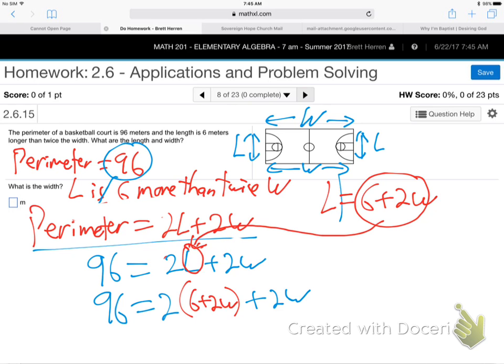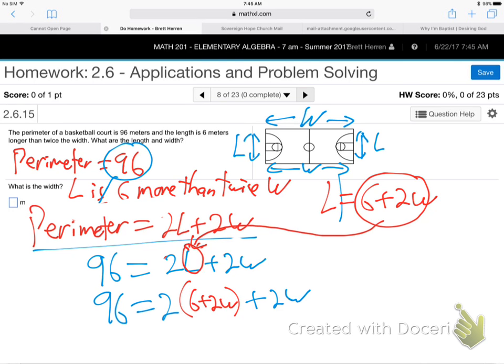How we doing? I'm trying to read your faces. Do you want me to say more about that? Is that making sense? So again, I just took their sentence. This was their sentence: L is 6 more than twice W. So L equals 6 plus 2W. What that means is wherever I see L in any formula at any time, I can replace the L with 6 plus 2W, because L is the same as 6 plus 2W.